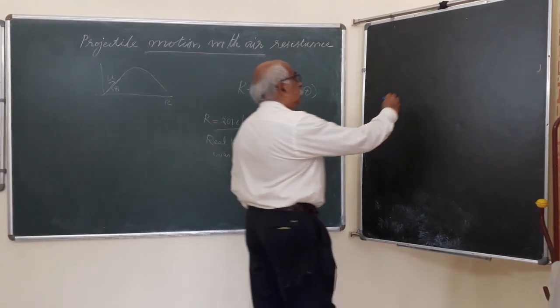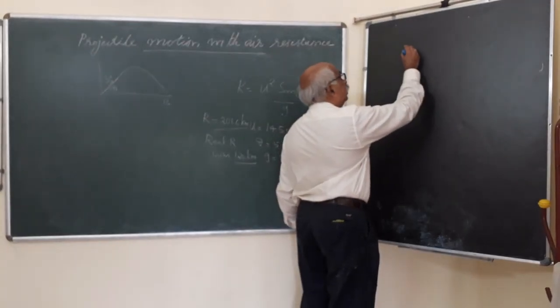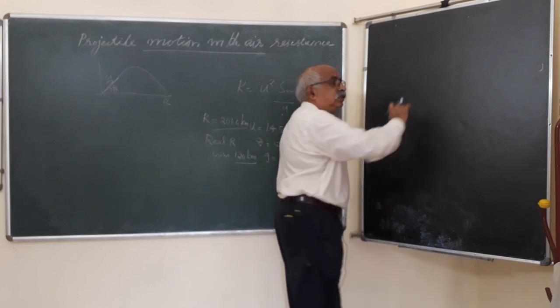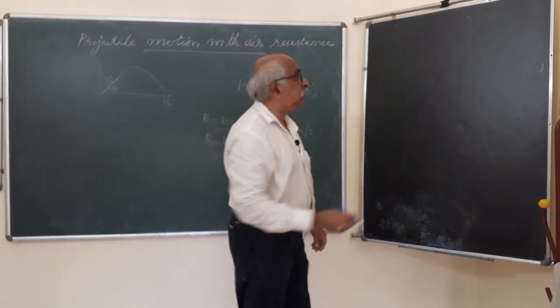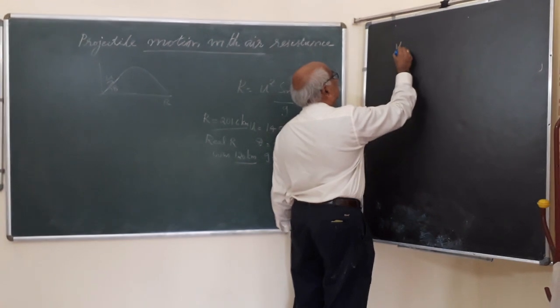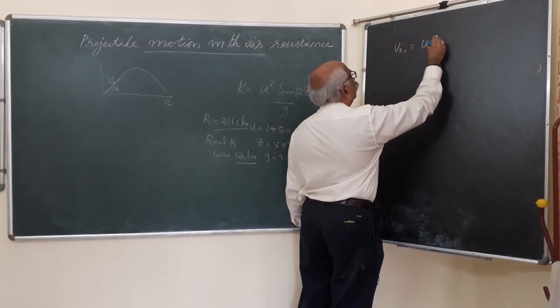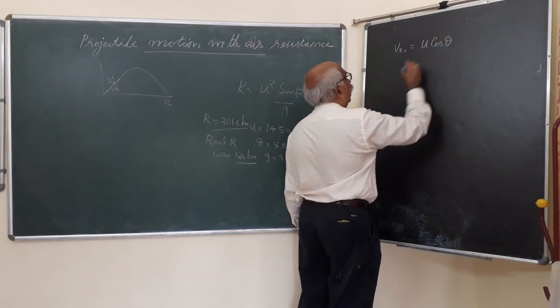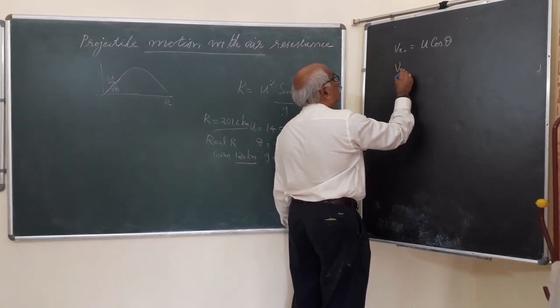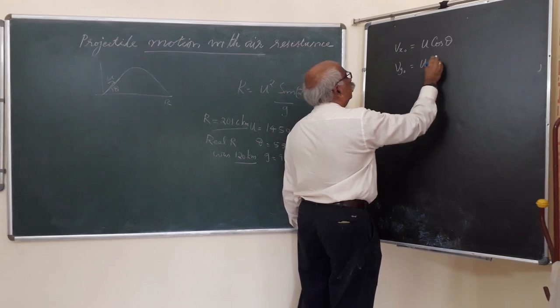We can write down the components of the initial velocity along the x direction as Vx0 is equal to u cos theta, and along the y-axis Vy0 is equal to u sin theta.